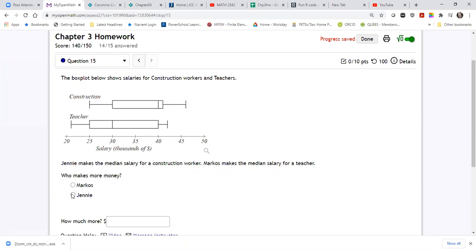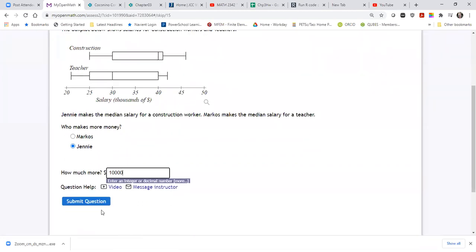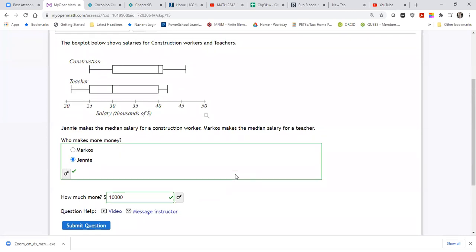Jenny will get more money than Marcos, right? Okay. Because Jenny has a 40,000 salary and Marcos is like 30,000 salary, right? So the difference is 10,000. Is that right? Okay. Yeah, see this out. Okay.